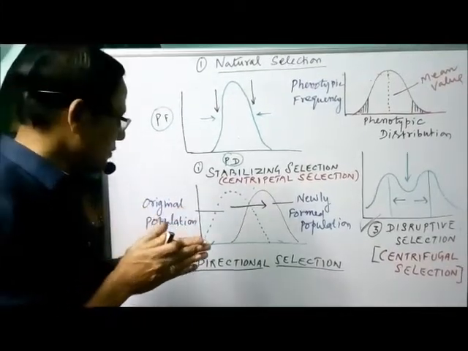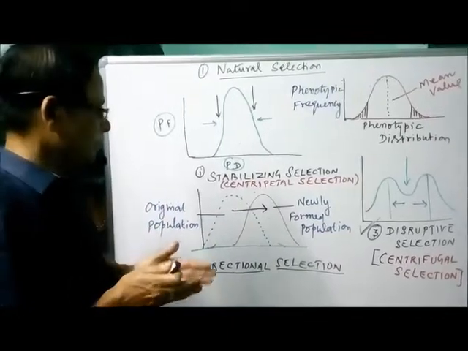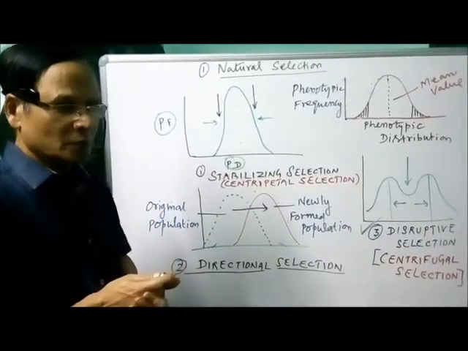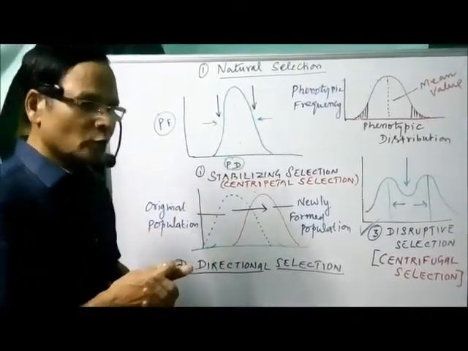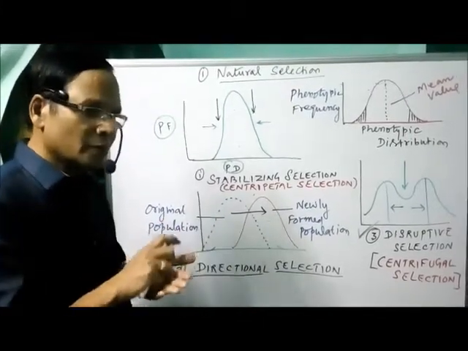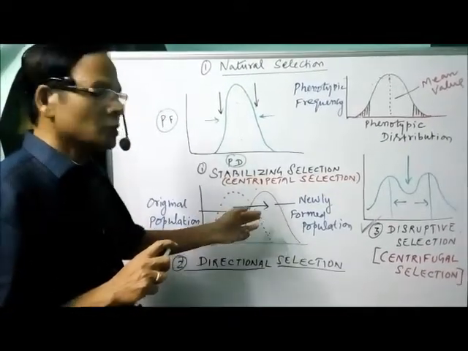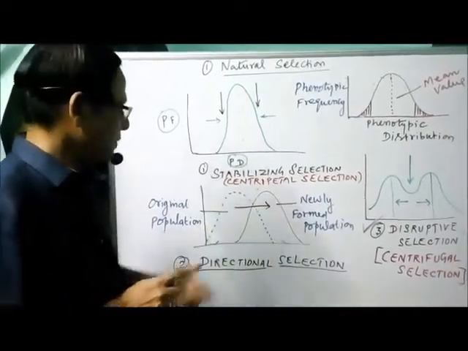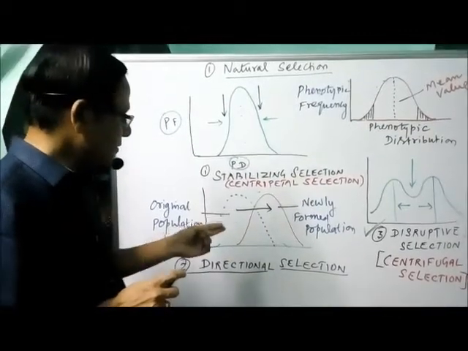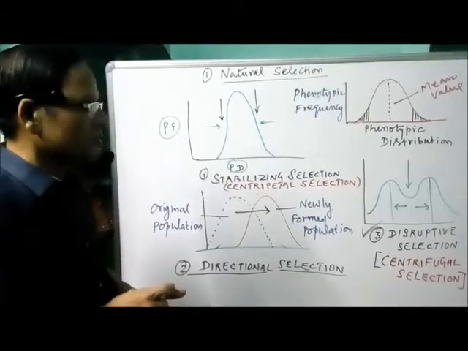This is the example given in the book. So males have large weight and the females have medium size, less weight than the male. They show directional selection in one direction from the median size towards the large sized individuals. That's about the directional selection.